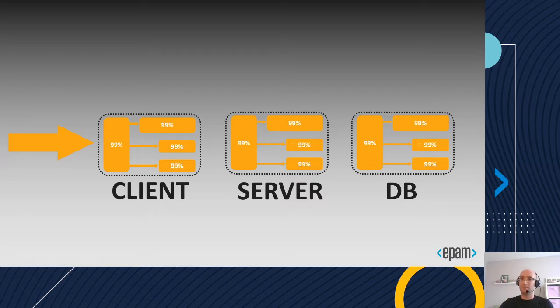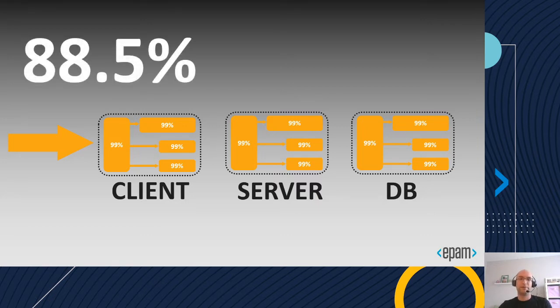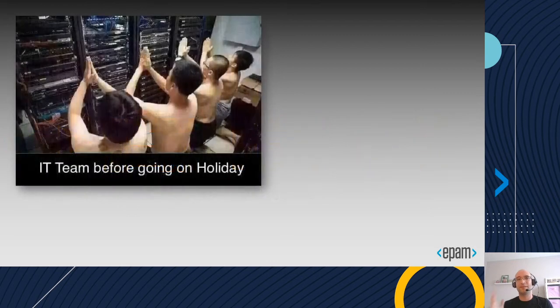Again, let's assume that the availability of each individual element is just 99%. Now your availability just dropped down to 88.5% just because you introduced much more dependency in this architecture. So what this means for us, again, is that things go south very easily. All right. Probably that's why IT teams look like this before they go on holiday.